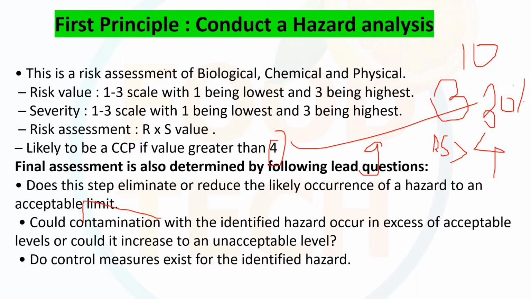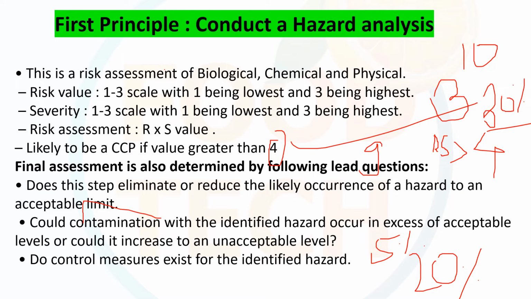So here you should know that if the accepted contamination level is 20%, but here we are getting 30% stones, this is unacceptable. If we get only 5%, this cannot be considered contamination, it is accepted.